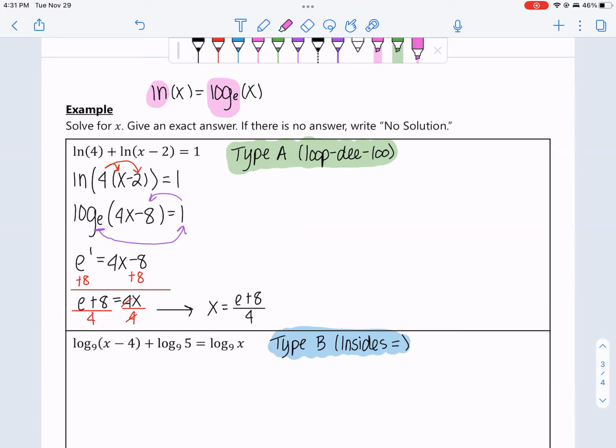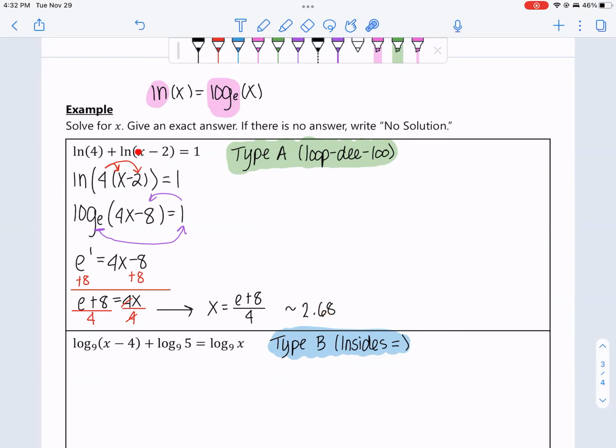If I plug e plus 8 all divided by 4 into my calculator, this number is approximately 2.68.